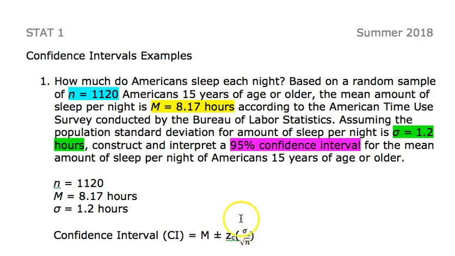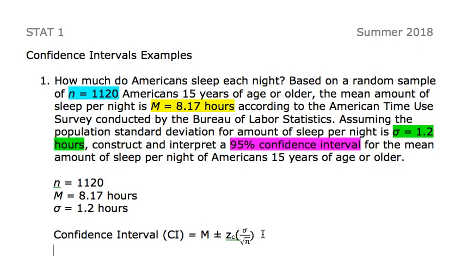Remember that z critical times standard error, where standard error is equal to sigma divided by the square root of n, is equal to our margin of error. So it's the sample mean plus or minus a margin of error, which is this part of the formula. So let's go ahead and plug in the numbers.